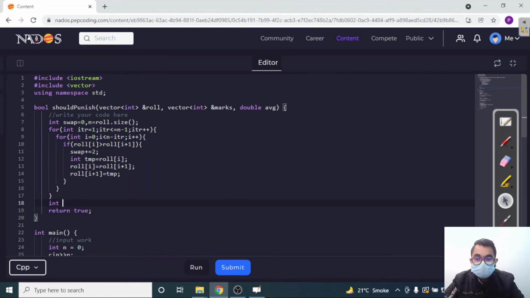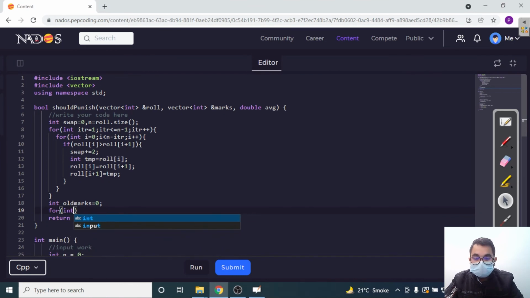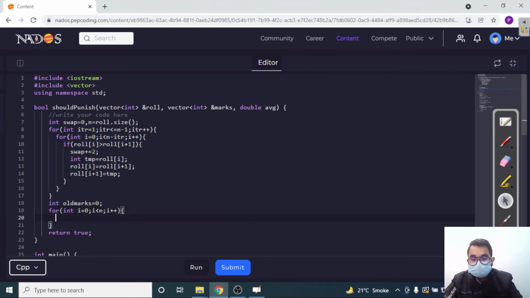Now we are going to calculate the old marks. So old marks equals 0, and for int I equal to 0, I less than n, I plus plus, and why n?